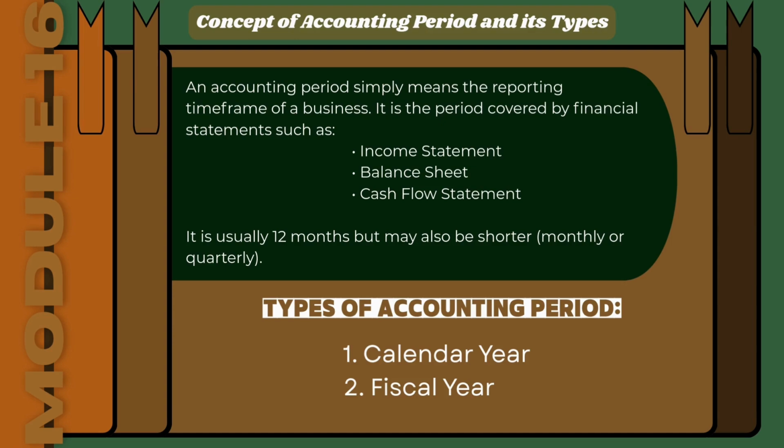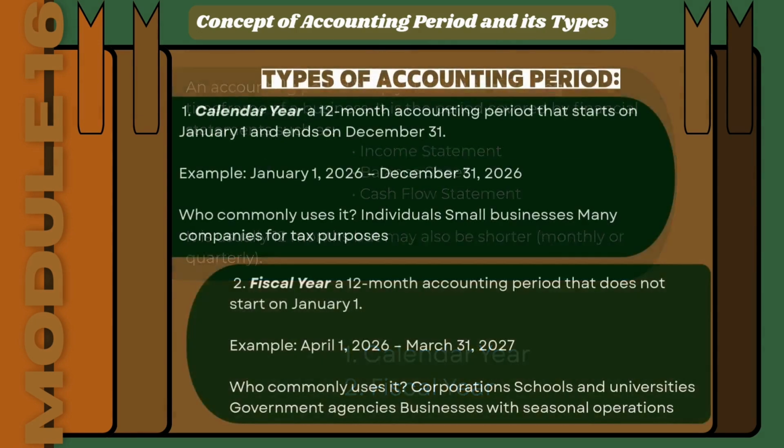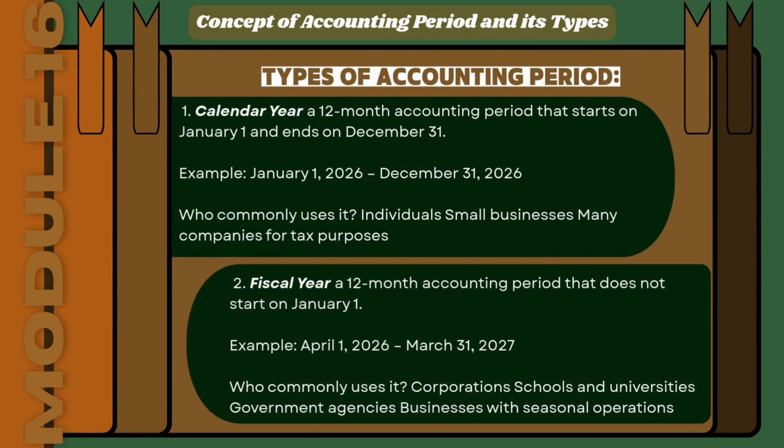Types of accounting period: calendar year and fiscal year. 1. Calendar year. A 12-month accounting period that starts on January 1st and ends on December 31st. Example: January 1st, 2026 to December 31st, 2026. Commonly used by individuals, small businesses, and many companies for tax purposes. 2.